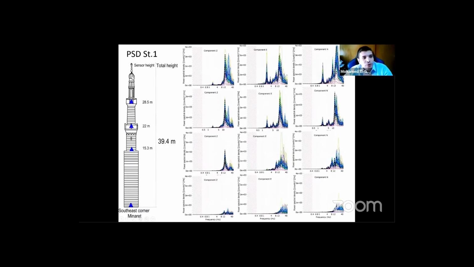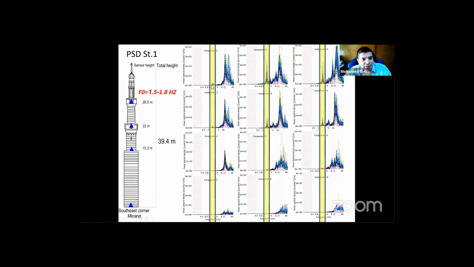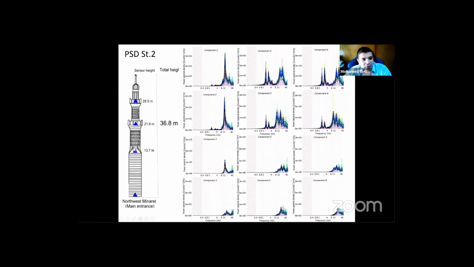To be short, these are the natural periods, or the natural oscillation, of the building. We measured from the base to the top of the minarets. Here, the minaret was about 30 meters high, and the natural frequency is around 1.2 hertz.